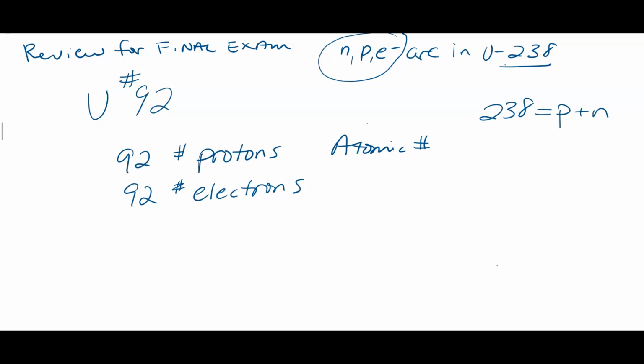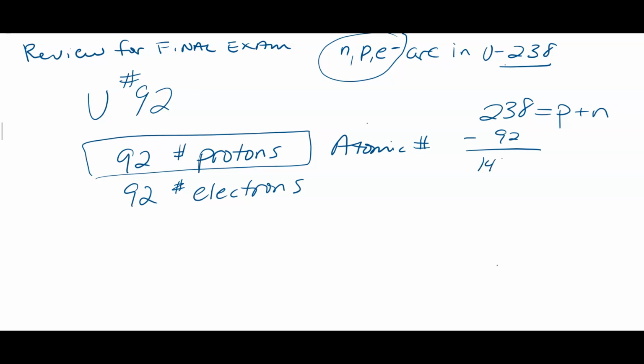So 238 is protons and neutrons, but I figured out protons already. So if I take 238 minus 92, I'm going to get 146. So this is protons right here. So this answer has to be neutrons. So there's 146 neutrons in this particular atom, in this isotope of uranium.